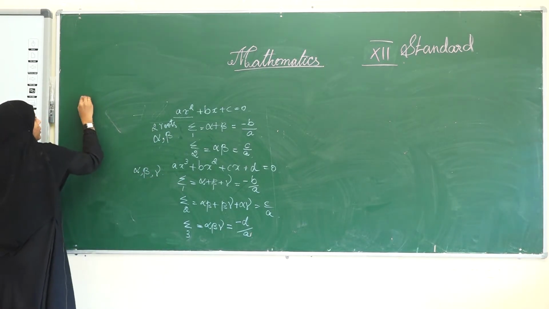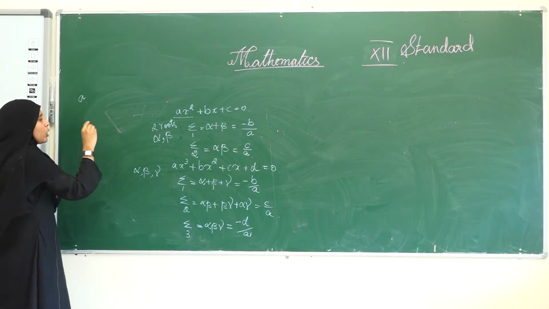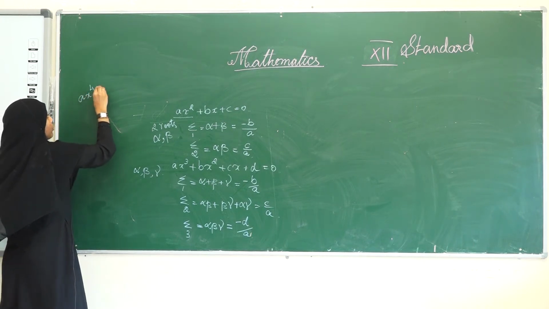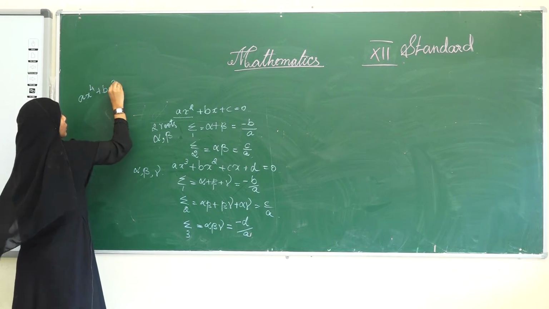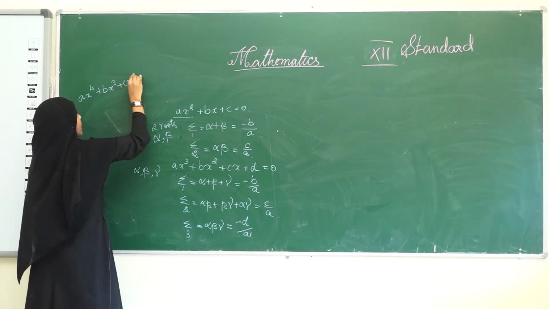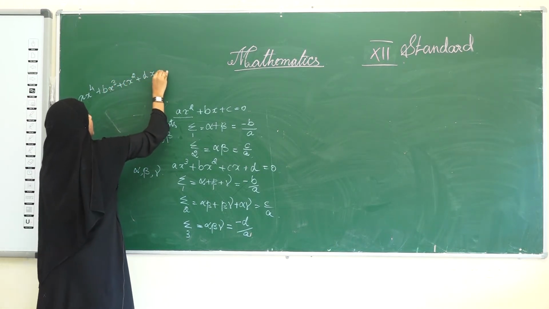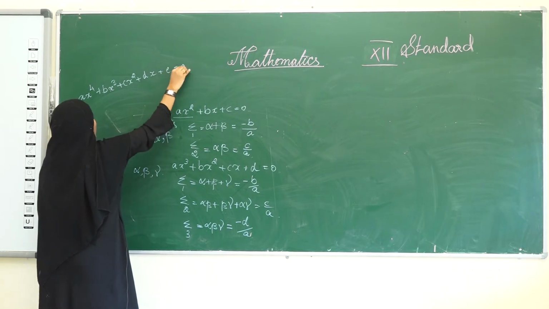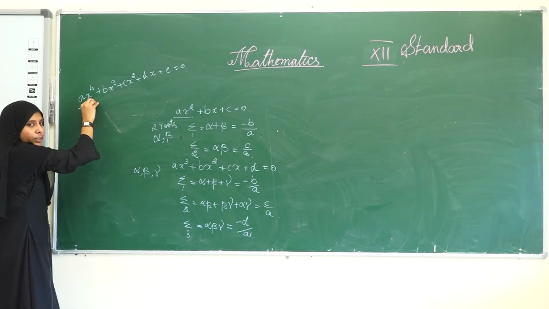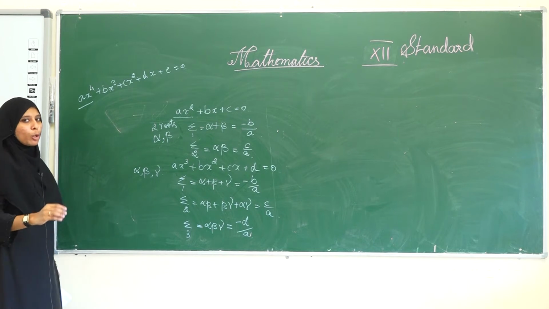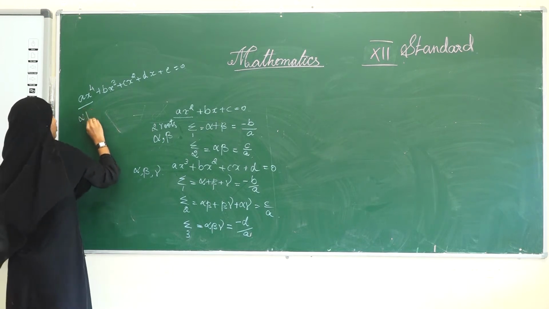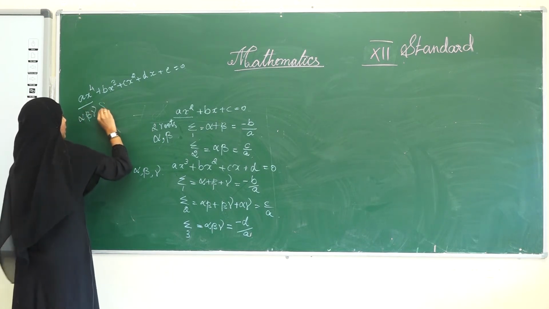Now, for a degree 4 polynomial equation, that is ax power 4 plus bx cube plus cx square plus dx plus e equal to 0. See here, the degree of this equation is 4, therefore the number of roots will be 4, that is alpha, beta, gamma and delta.